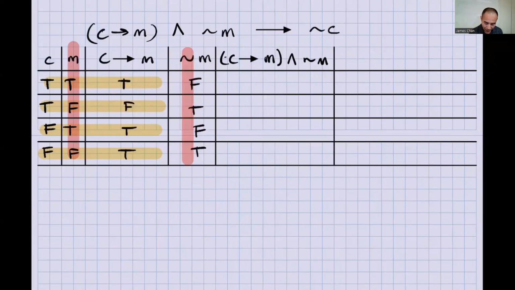So now I'm going to be looking at what two rows? I'm going to look at this row here, right? And this row here. And it's going to be "and." So what is my result going to be?